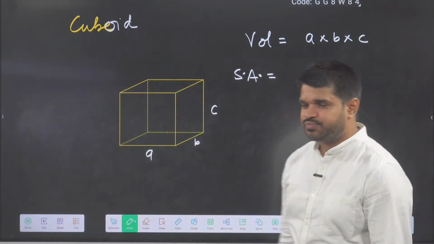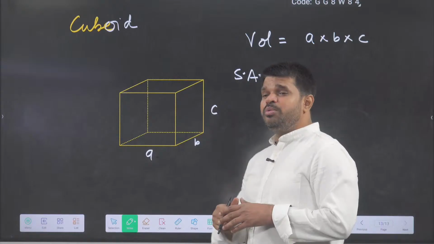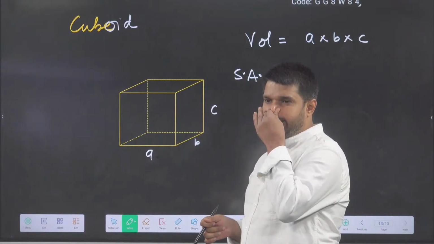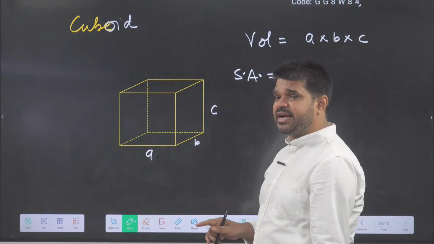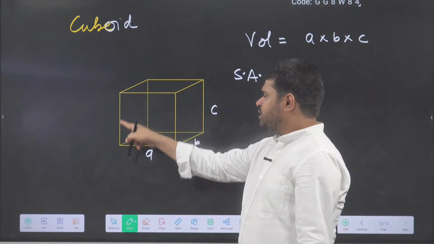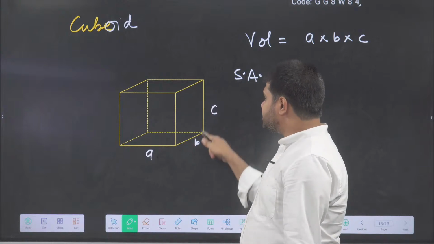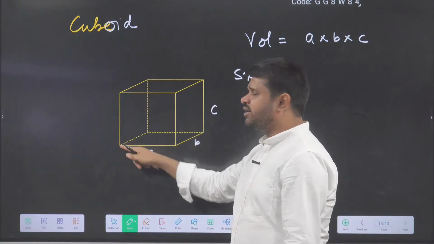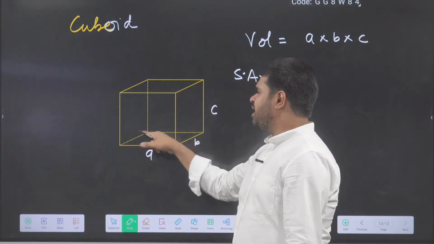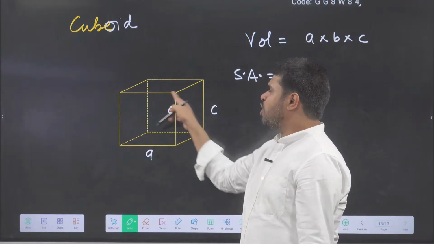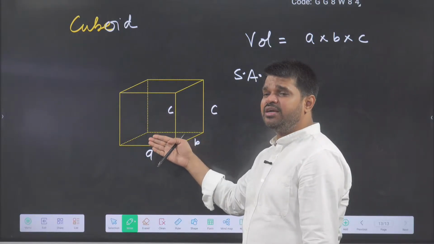See, this cuboid is made up of 6 rectangles. Which 6 rectangles? This rectangle and the back one. This rectangle and the left one. Upper rectangle and the lower one. So what is area of front rectangle?